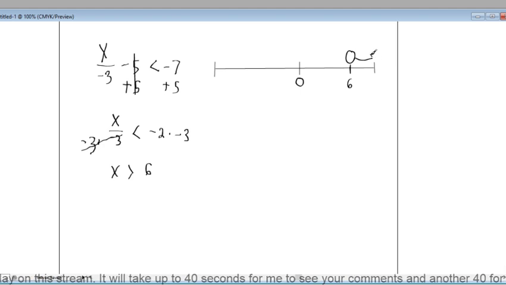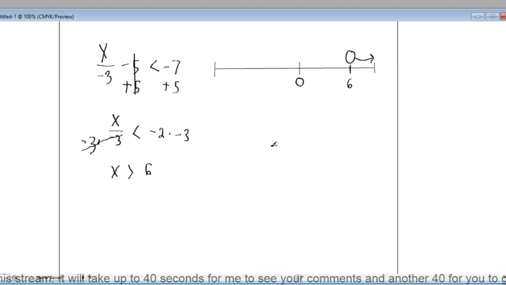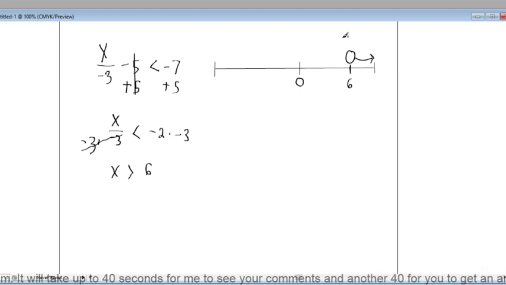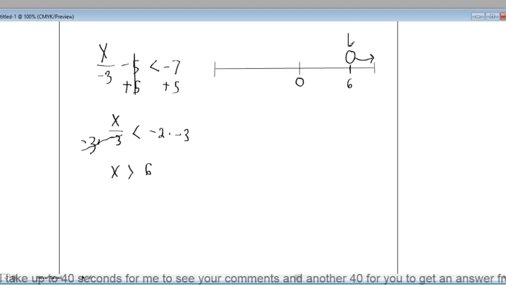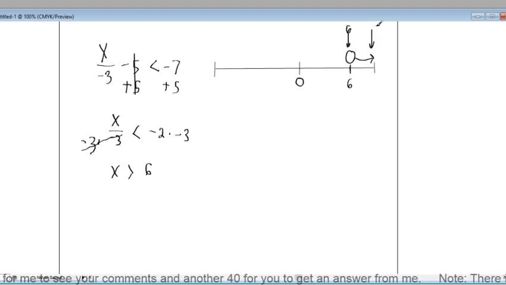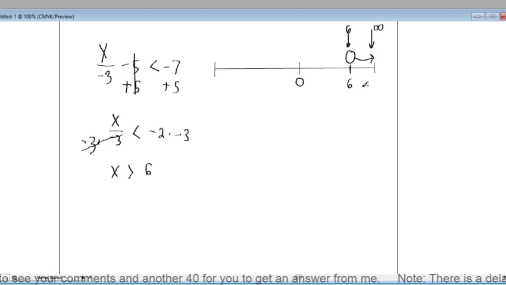So our line extends that way. So our start point here is at 6. Our end point is at infinity. So when we go to make our interval, again, start point is at 6.